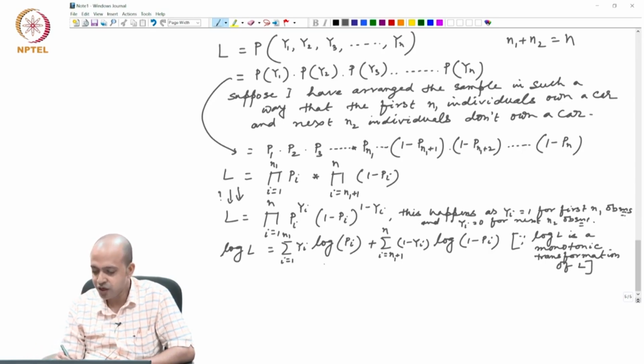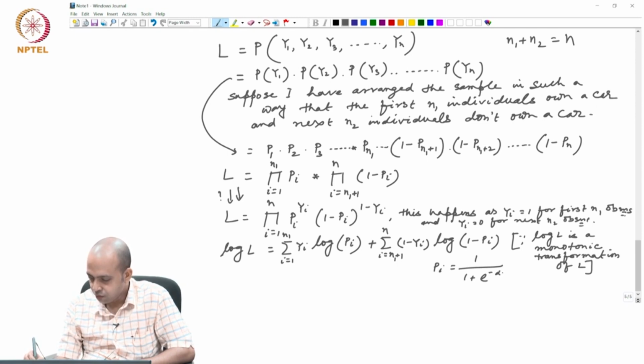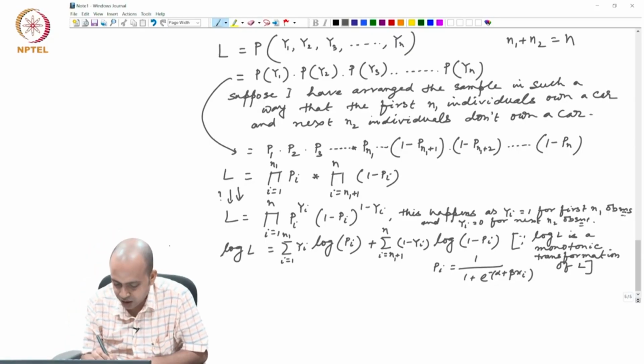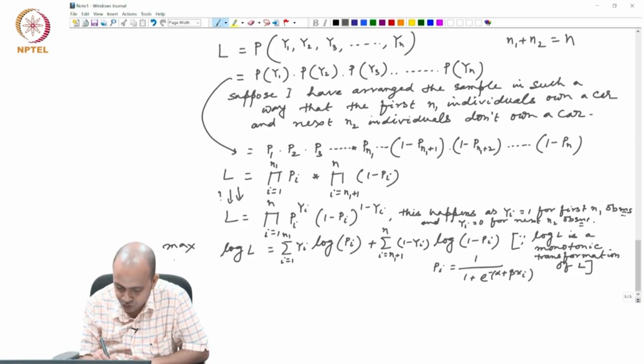What is the value of pi? Where pi equals 1 by 1 plus e to the power minus alpha plus beta x. This is your pi. So, you can substitute pi here and then you are trying to maximize this with respect to alpha and beta.